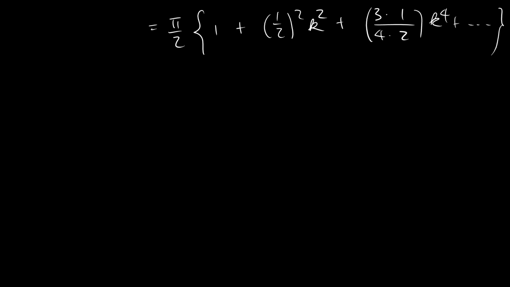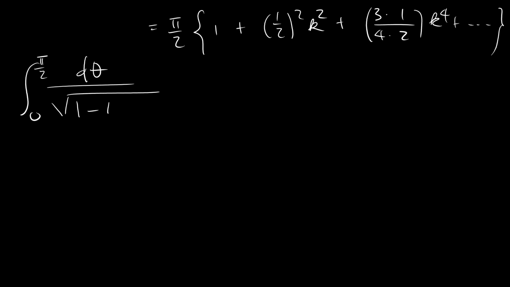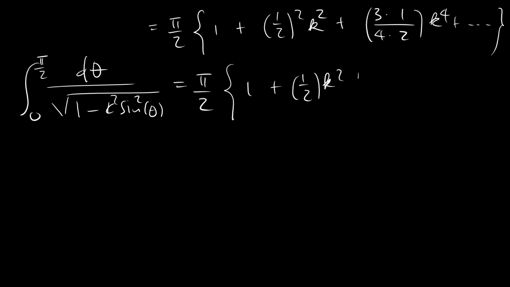So in other words, our integral from 0 to pi over 2 of 1 over the square root of 1 minus k squared sine squared theta, and this is the integral that featured in that video. We're going to watch that video in a short while.